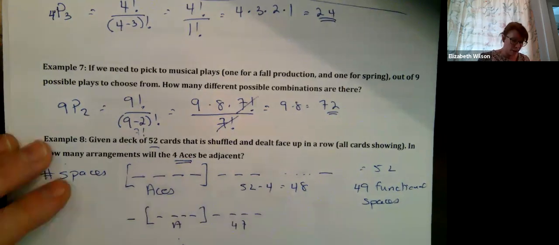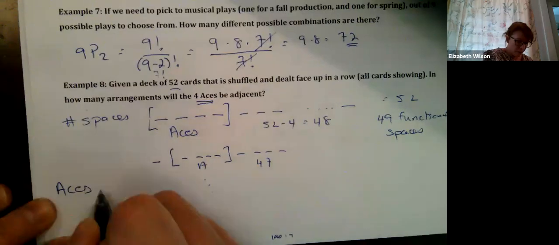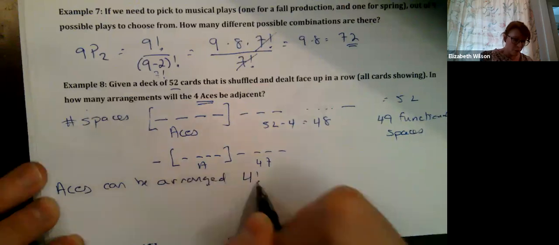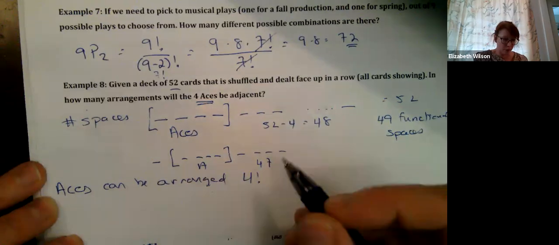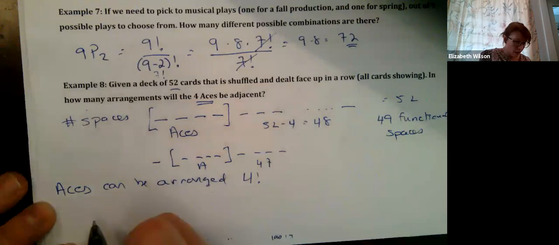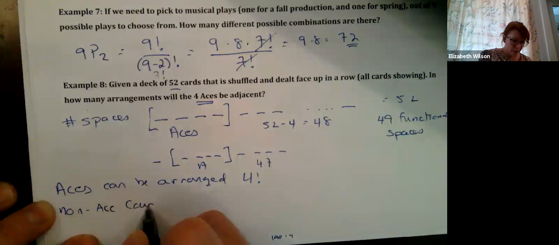So let's write those down. The aces can be arranged 4 factorial ways, which we said before is equal to 24. And then our non-ace cards can be arranged.